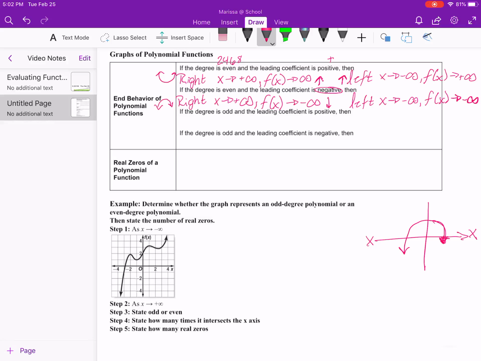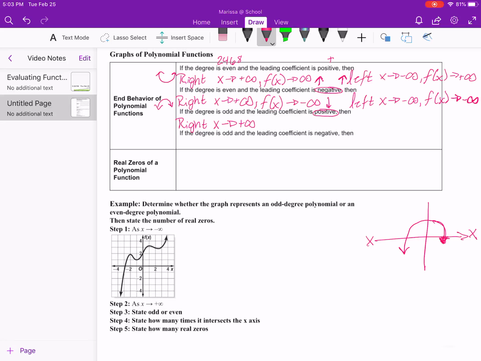So if the degree is odd, numbers like 1, 3, 5, 7, 9, anything like that, and our leading coefficient is positive, then I'm going to write it as, we have the right side, x approaches positive infinity.